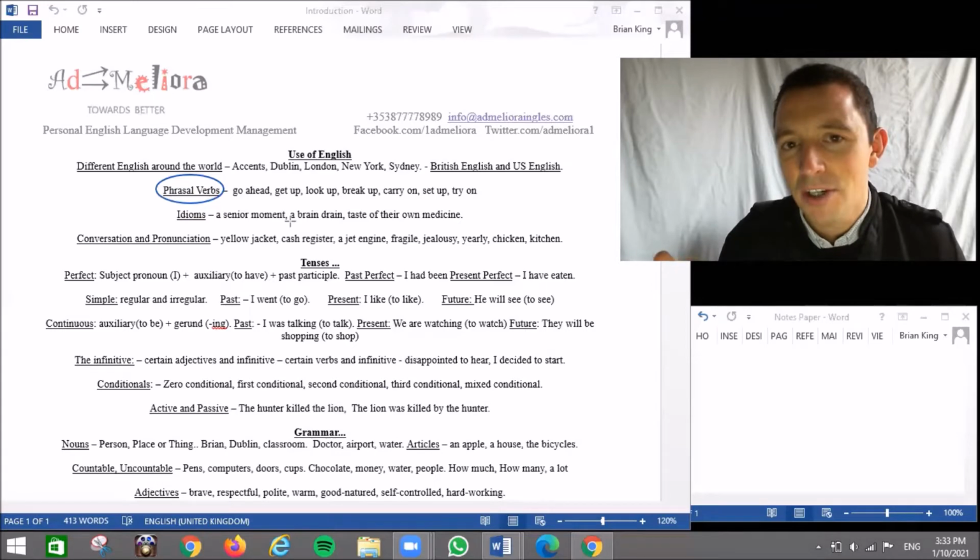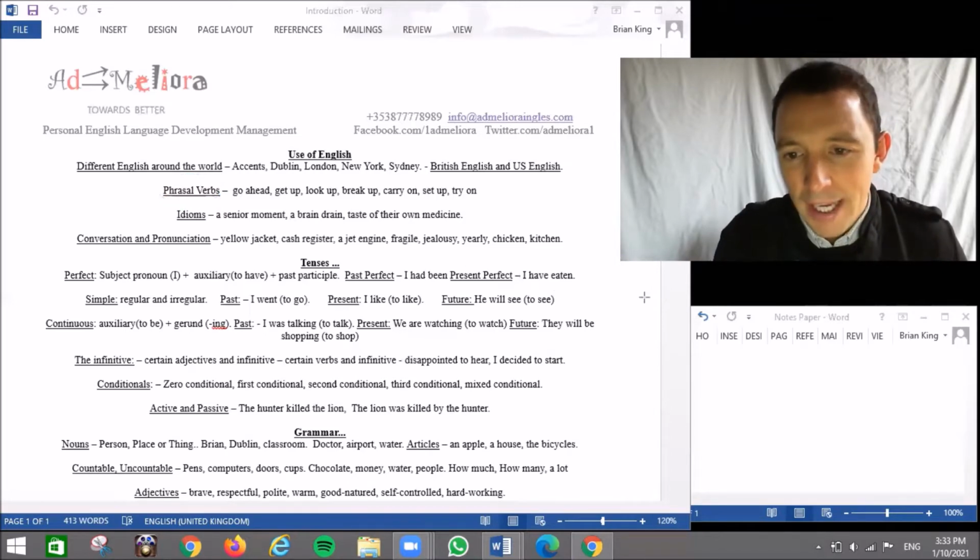Creo que en español no tienes phrasal verbs, porque en inglés phrasal verbs are the combination del verbo y preposiciones, okay? Y en inglés preposiciones están muy importantes, quizás el más importante cuando estás learning inglés, okay?